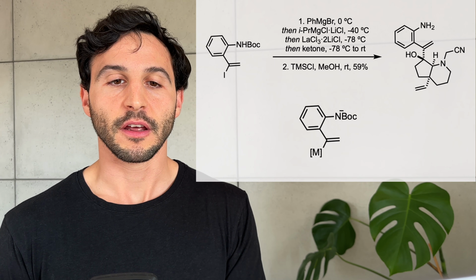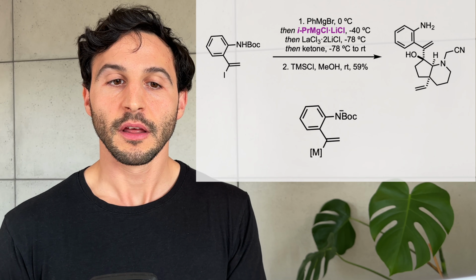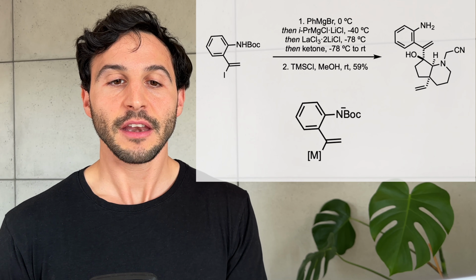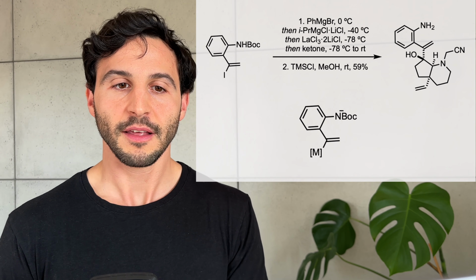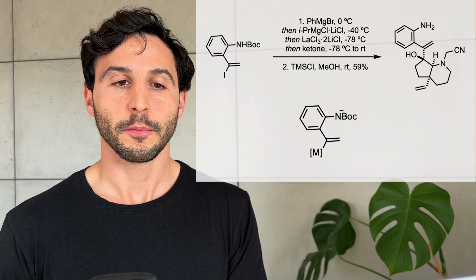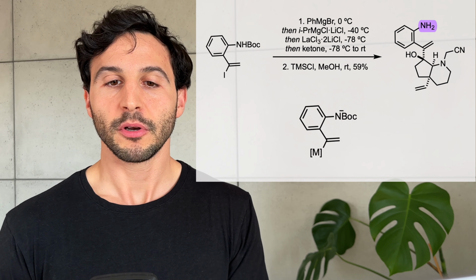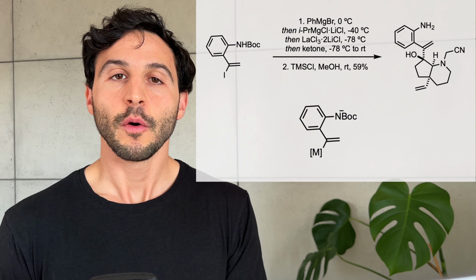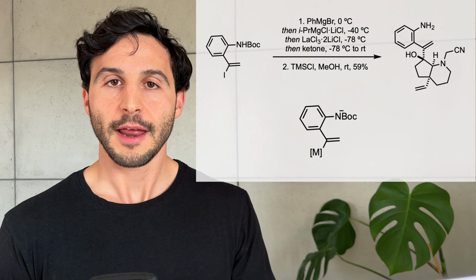Magnesium-halogen exchange occurs using a turbo-Grignard reagent, generating the dianion that reacts with the ketone. In this particular case, the use of lanthanum chloride salt is critical for promoting the 1,2 addition. Finally, Boc deprotection is carried out with TMS chloride in methanol, giving the alcohol in 59% yield.